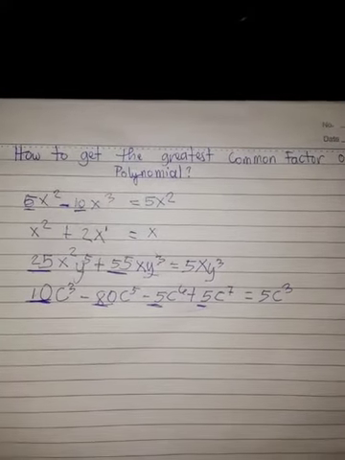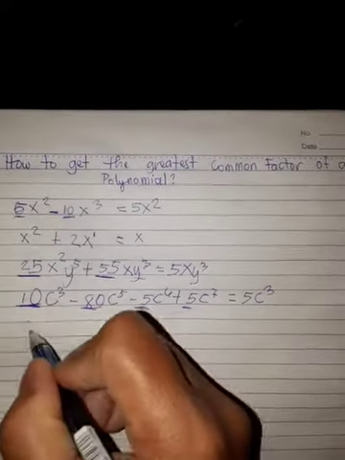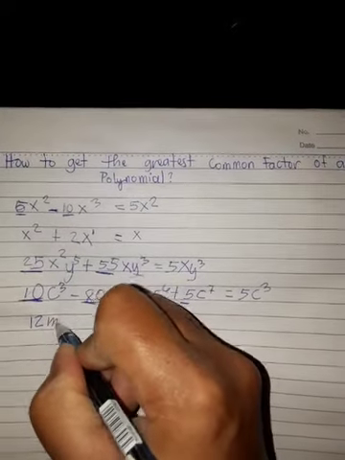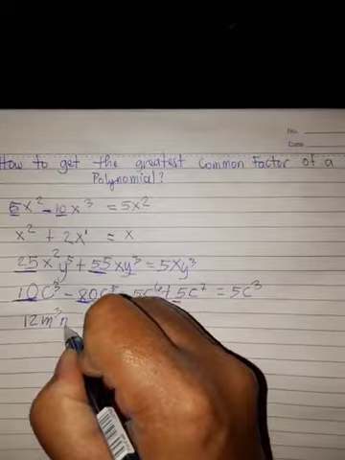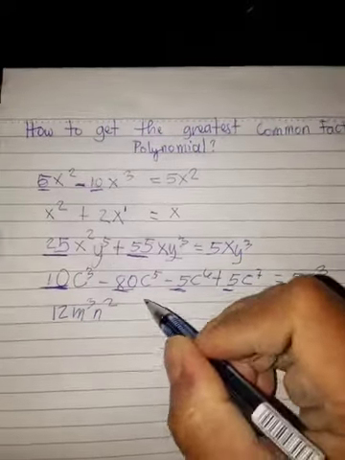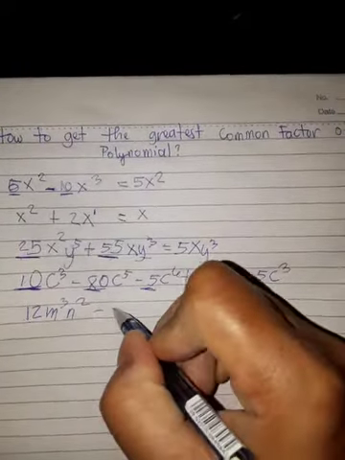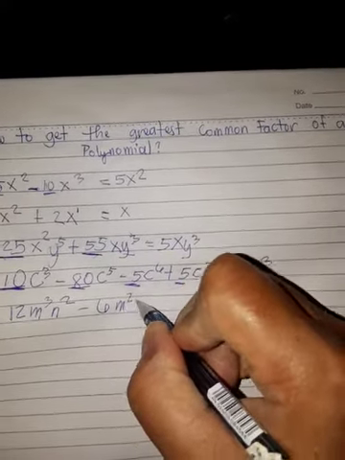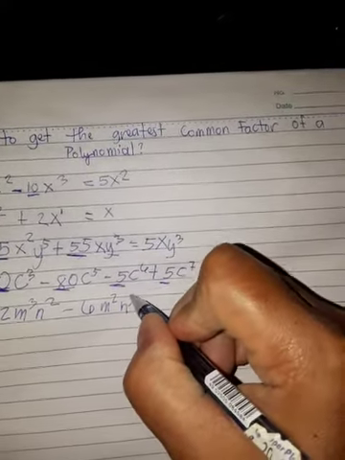And another example, we have 12m cubed n squared minus 6m squared n cubed plus 3mn.